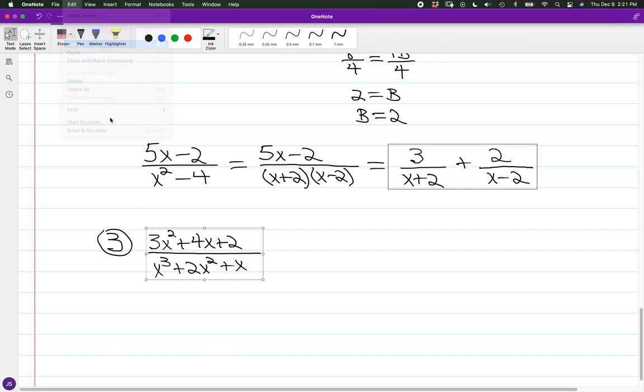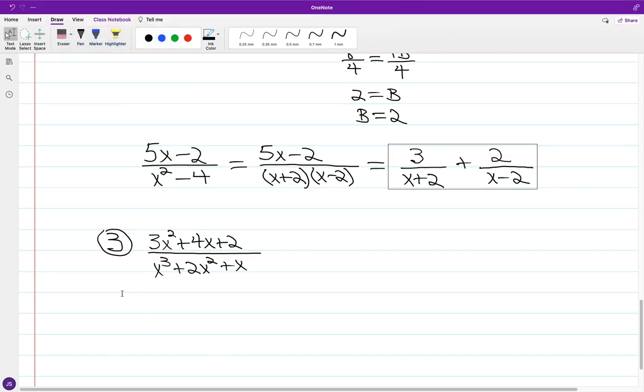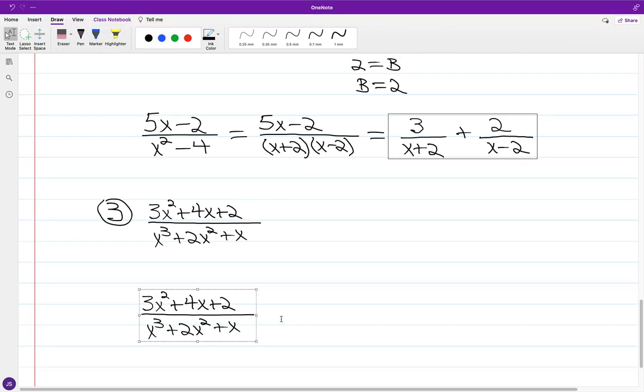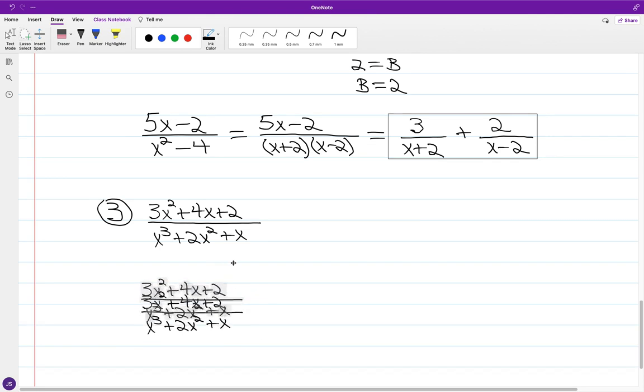Setting things up, and establishing at least the general case for the partial fractions, if you notice in the denominator, I have the terms x cubed, 2x squared, and x. So all of these are variable terms.